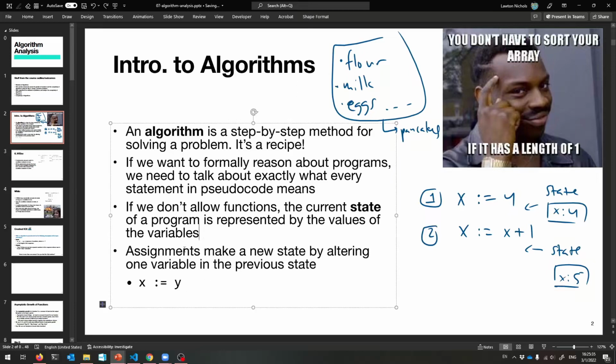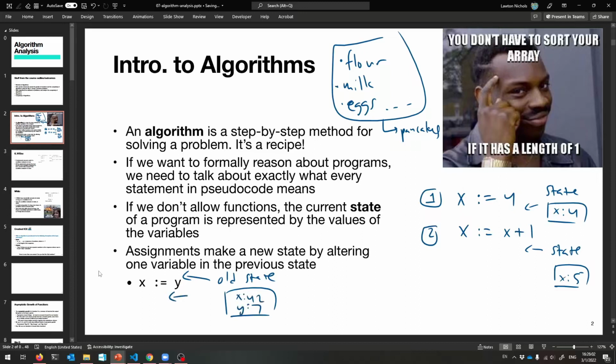Okay? And yeah, that is assignment in a nutshell. An assignment statement makes a new state by changing one variable from the previous state, right? It's only ever writing to a single variable at once. It may be using other variables, but that's what it's doing. So there was an old state, maybe where, I don't know, x was 42 and y was 7.